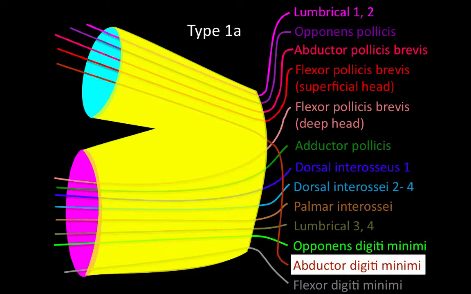But in patients with Martin-Gruber anomaly type 1A, all of the abductor digiti minimi fibers take the median nerve route. While in Martin-Gruber anomaly type 1B, only some of the abductor digiti minimi fibers take the median nerve route. These are represented by the dashed lines.